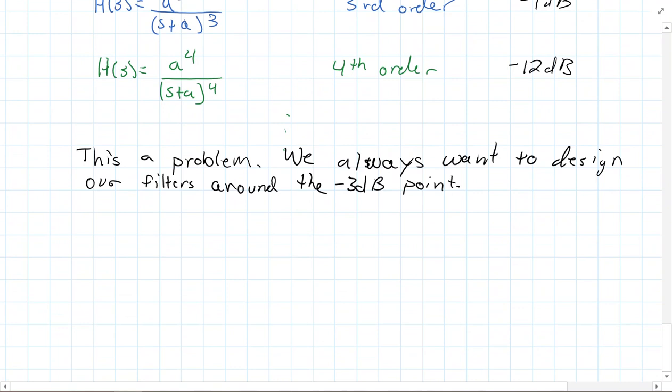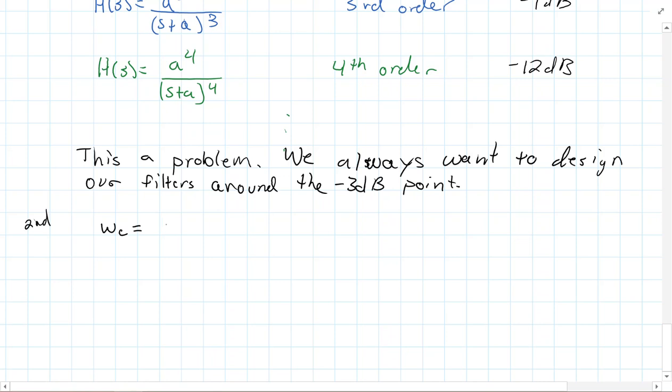Because all we have to do here is say, okay, well, I've got my transfer function. Let's, for instance, look at a second order. And let's just go ahead and put some numbers in to make it a little bit easier here. So we're going to look at a second order here.